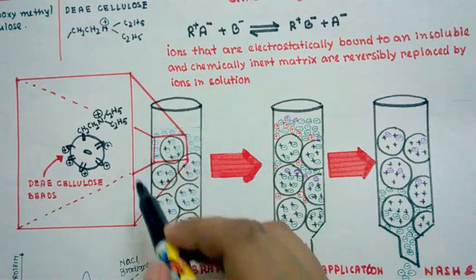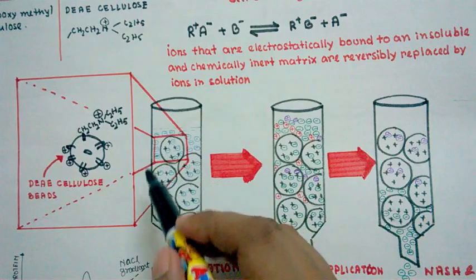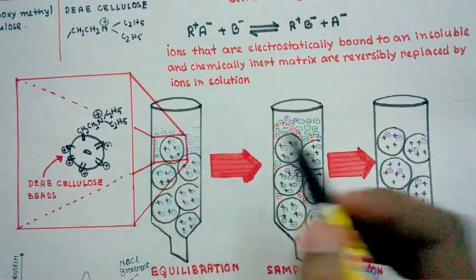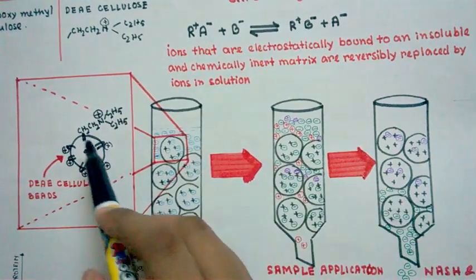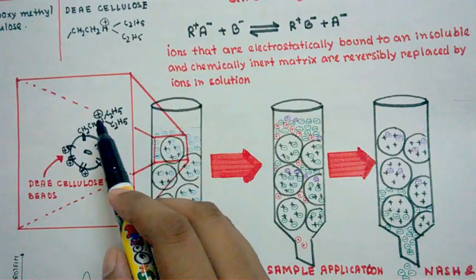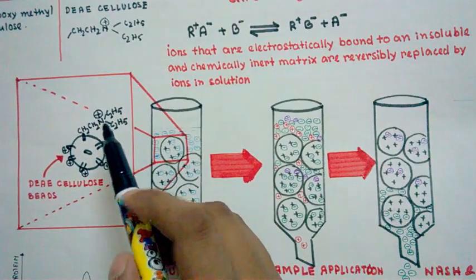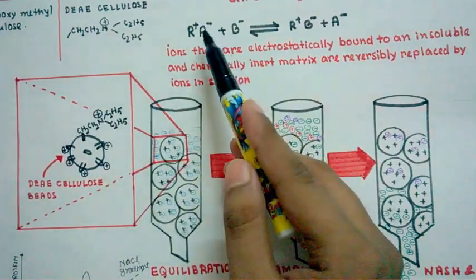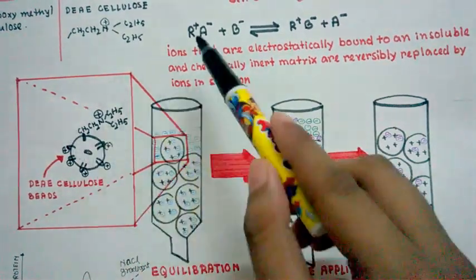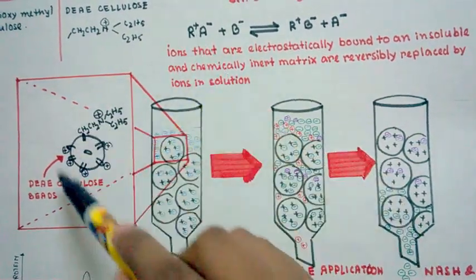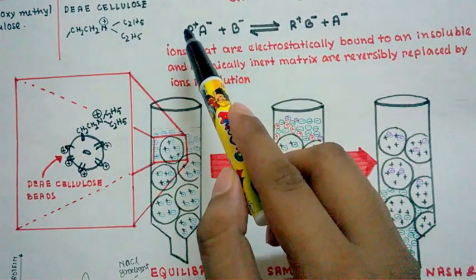In this column there are DEAE cellulose beads. If we zoom into the DEAE cellulose beads, we can see they are positively charged. So this bead represents this R plus in the equation.